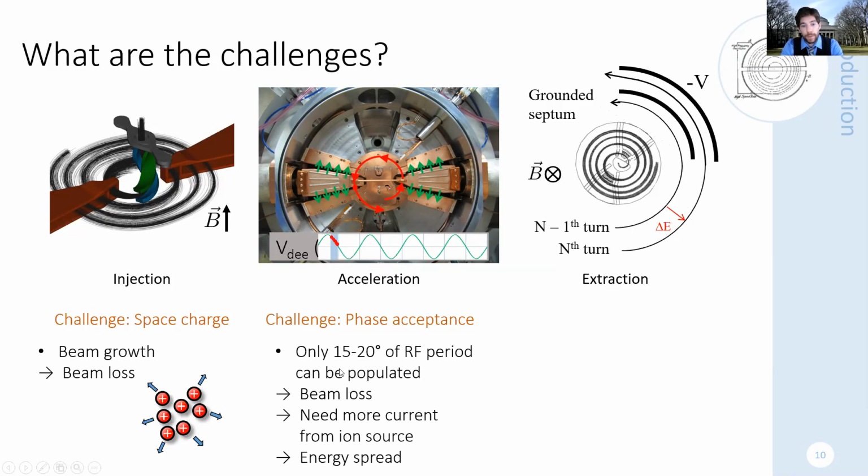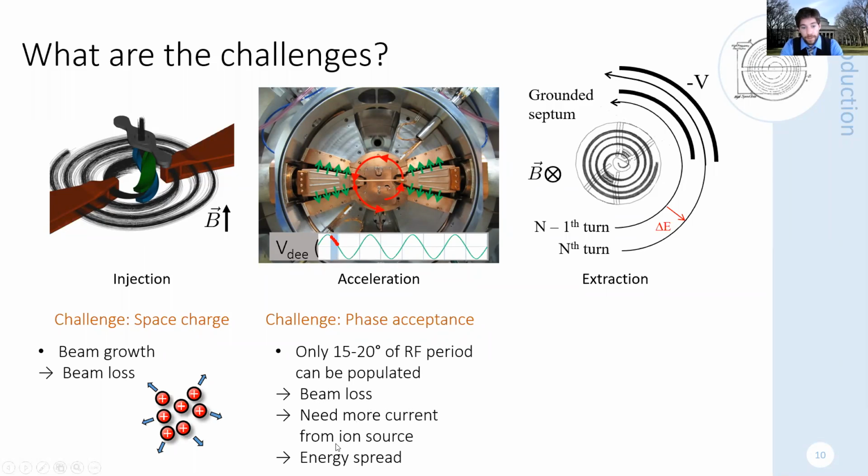If we accelerate protons, we can only populate a very small phase window. Otherwise, we lose the particles that are outside of this phase window. And if that happens, we need to inject more current to compensate, and then we will have more losses. And these losses will lead to undesired effects potentially, multipacting, heating up of parts of the machine, and even damage through sputtering.